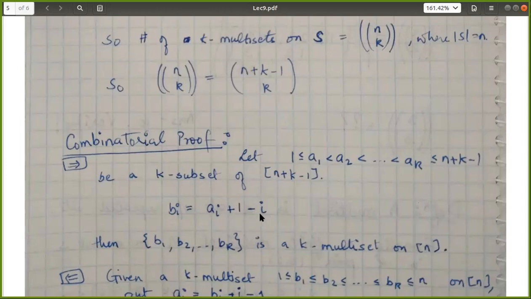So from AK, K goes. Even if AK happened to be n plus k minus 1, the largest possible, you subtract K from it, you're left with n minus 1, and then you add a 1 here. So BK is at most n. Convinced?